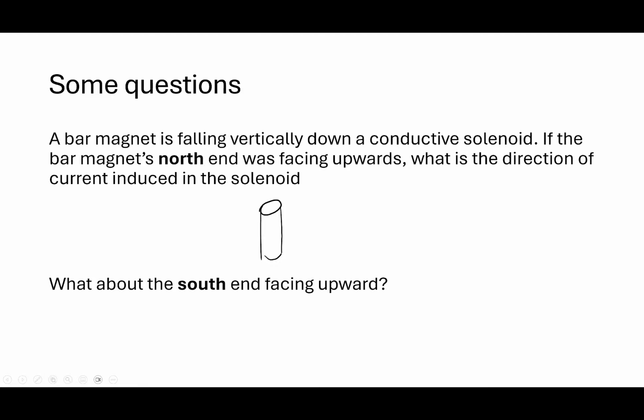So because there's an increase in flux in the field lines pointing up, we need to find the induced flux in the solenoid that will oppose that. So there's an increase in pointing up, so there would be an increase in pointing down with the solenoid.